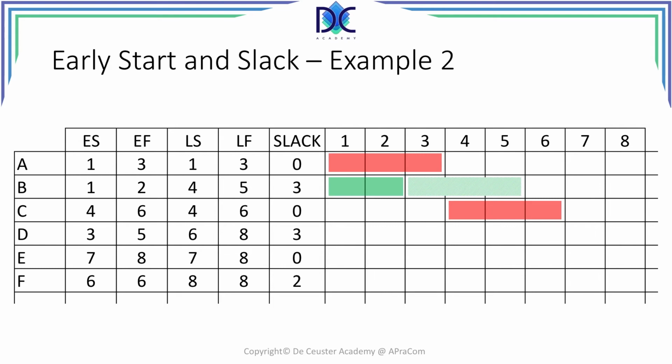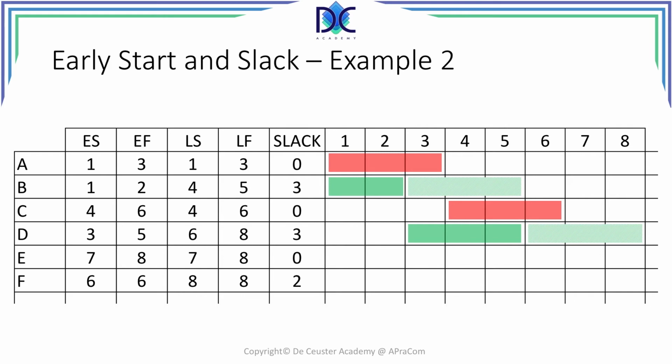Activity D starts from 3 till 5, has a slack of 3, it's not on the critical path, so we can draw this information on the Gantt chart. You can clearly see where the task is starting and finishing and the duration of the slack.